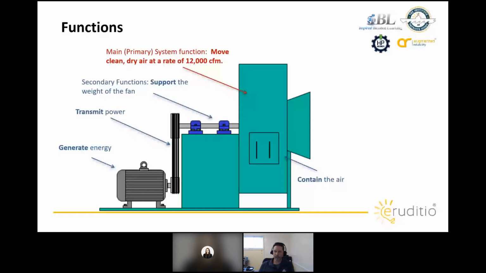In this example, we have a blower, and that function is to move clean, dry air at a rate of 12,000 CFM. If there's an upper limit, we want to put that in there, so between 12,000 and 15,000 CFM. That is not the design specification, but what the process needs to operate. We may have secondary functions as well, and we can list those, but my primary focus right now is just that primary function.